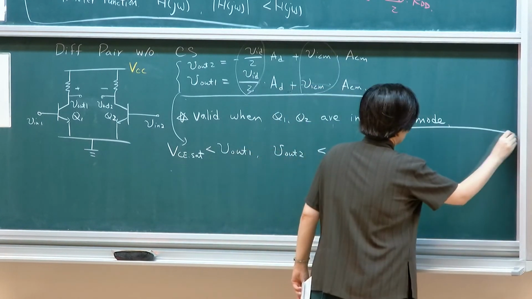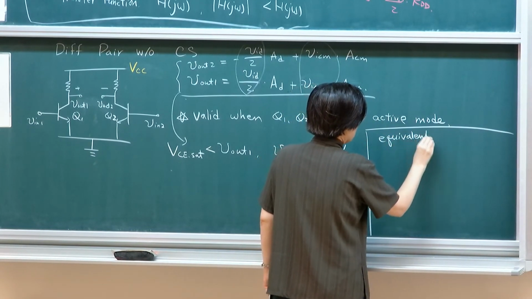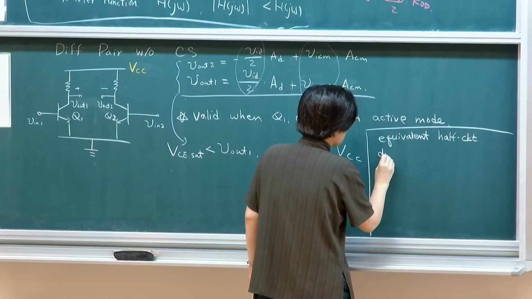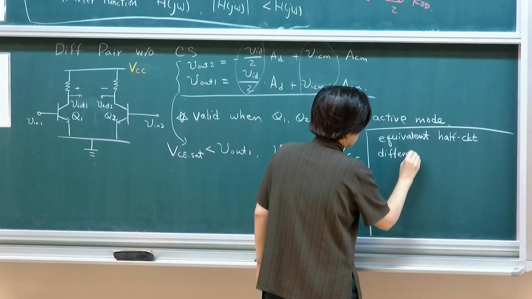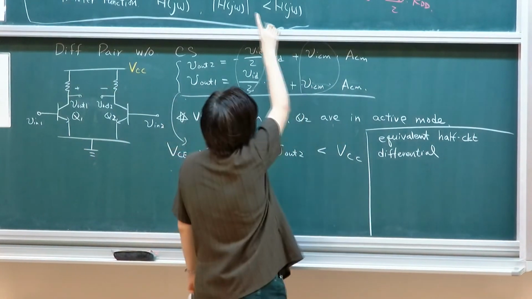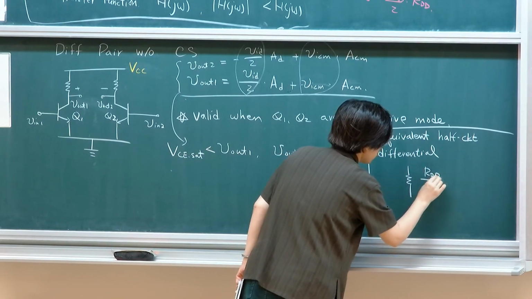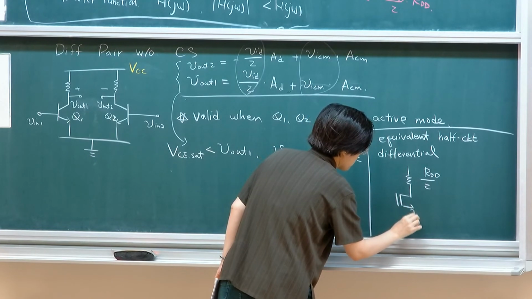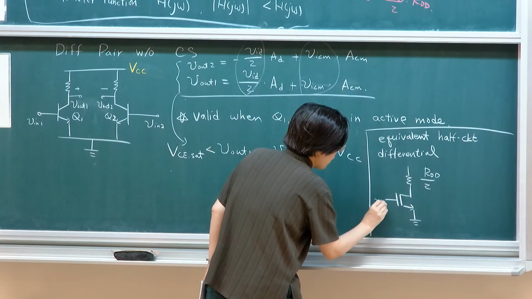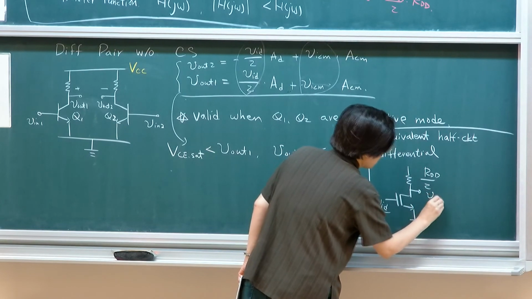let me use this. The equivalent half circuit for differential operation will be the center point, so it will be 1/2 RDD, half of VID, VO1.